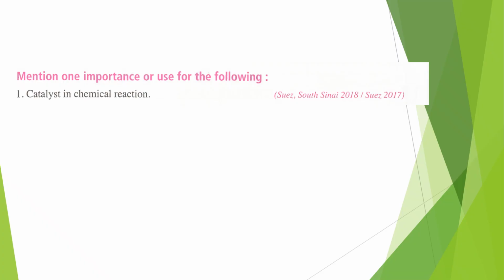Mention one importance for catalyst in the chemical reaction. Someone can say the catalyst can speed up the reaction and the catalyst can slow down the reaction, right? We can also say that it can change the speed of chemical reaction. And the word change means to speed it up or to slow it down.